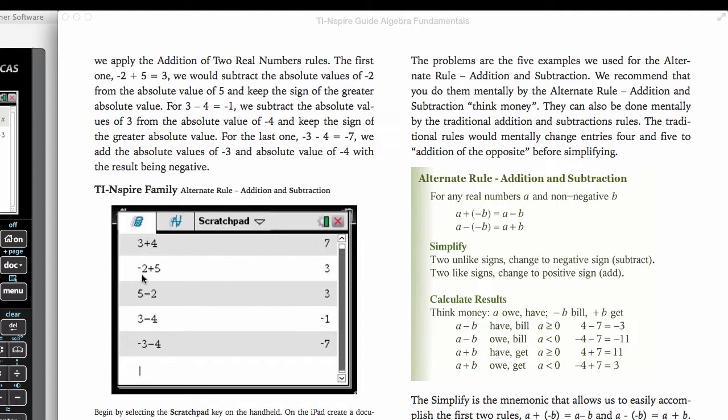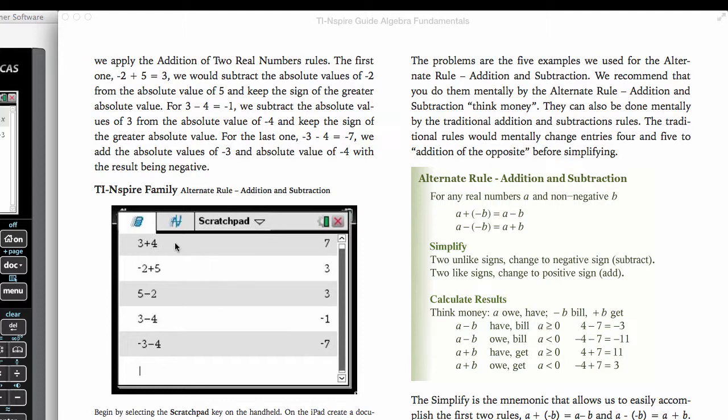If we owe $2, we have $5 come in, we pay off our bill, we are left over with 3. Traditional subtraction: you can think of this as $5, a bill comes in for 2, so we have 3. We have $3, a bill comes in for $4, so therefore we owe 1. We owe 3, another bill comes in for 4, so we owe -7.